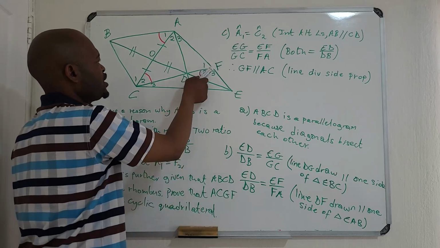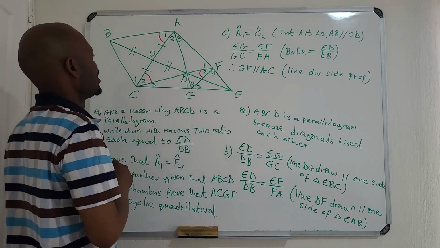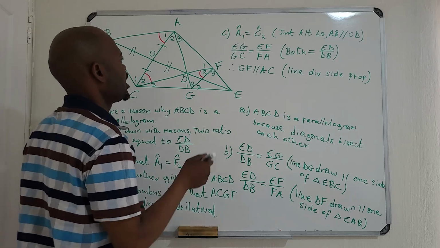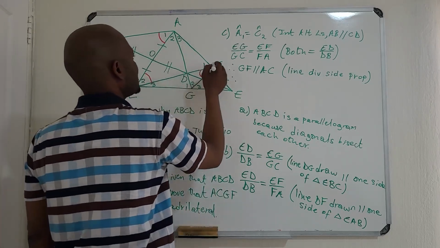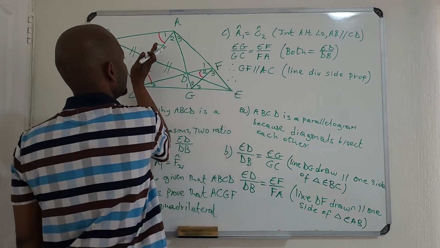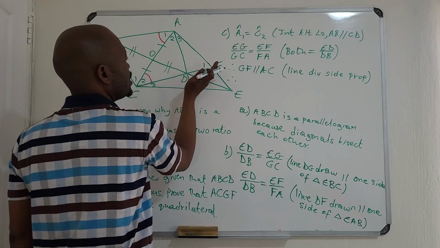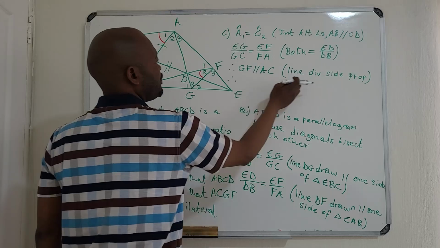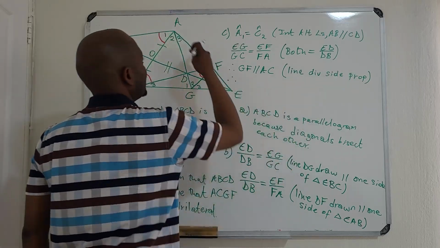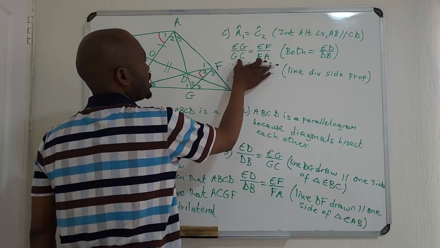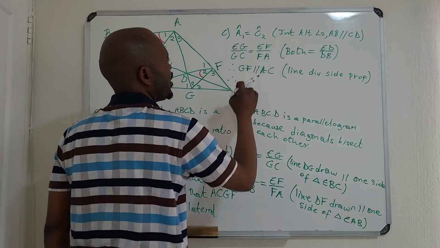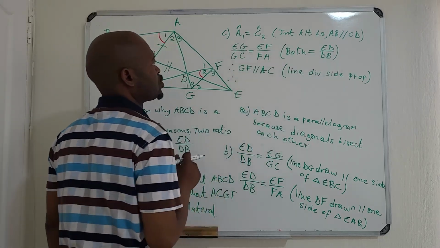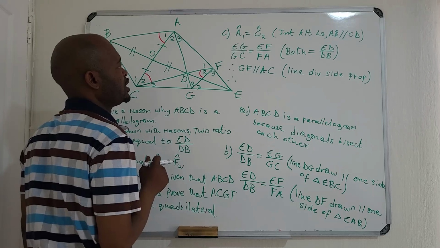And since this is parallel to that, we have a Z shape, because these two sides are parallel, since this line divides sides proportionally. Because we said that EG over GC is equal to EF over FA. They are both equal to ED over DB.